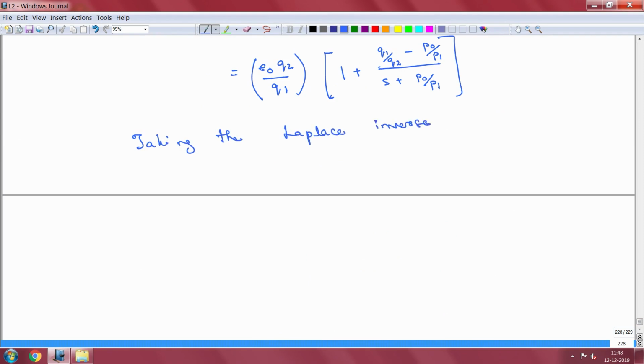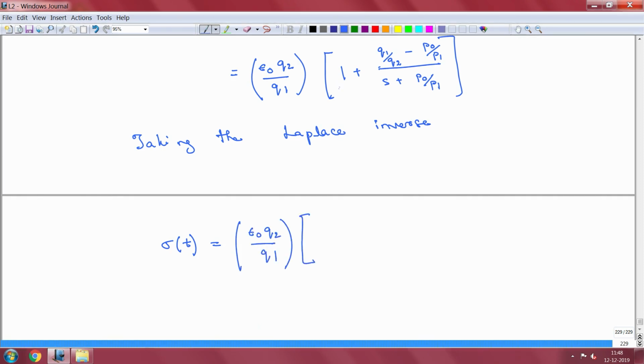Once we take the Laplace inverse, we can go back into the time domain, so I will get sigma t, which is a function of time. On this side we are going to take the Laplace inverse of this entire thing. Now, this is a constant, so we can just leave it as that. We have epsilon naught q2 by q1.